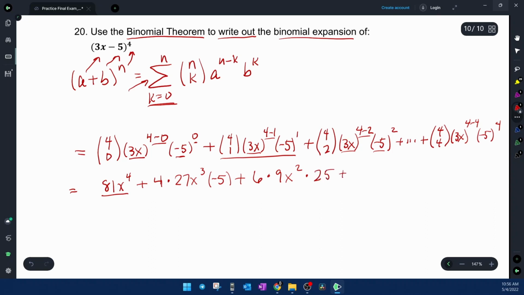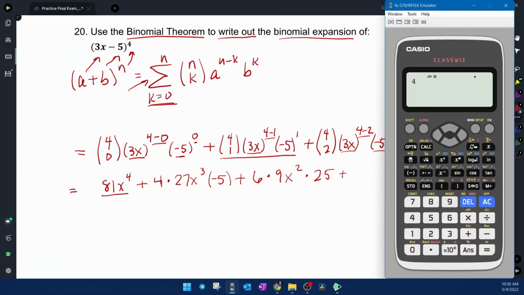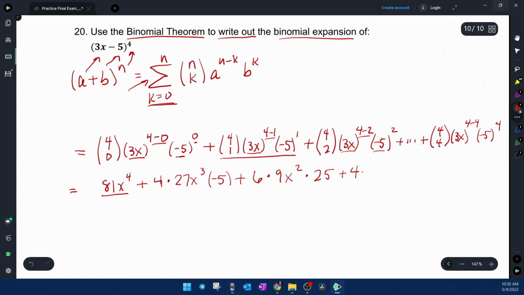Plus, and then the next term that I didn't write, which would be 4 choose 3, which is 4 times 3x to the 4 minus 3, which is 1, would give us just a 3x, but then that would need to be multiplied by negative 5 to the 3rd, which is negative 125.